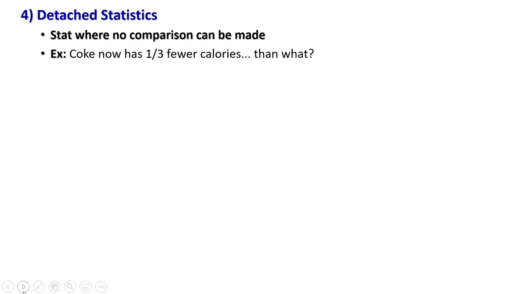Okay, detached statistics are when there's no real comparison that can be made. This is a typical infomercial, I feel like. In a typical infomercial, like for Coke, it'd be like, Coke now has a third fewer calories.